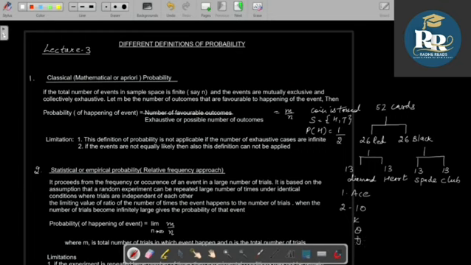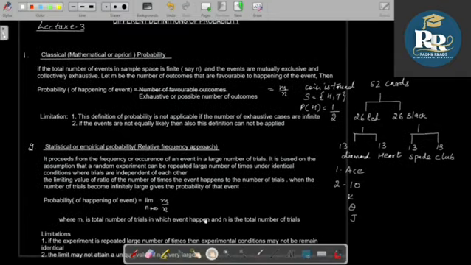then 2 to 10 numbered cards, then one king, one queen, and one jack. In each set we have the same number.